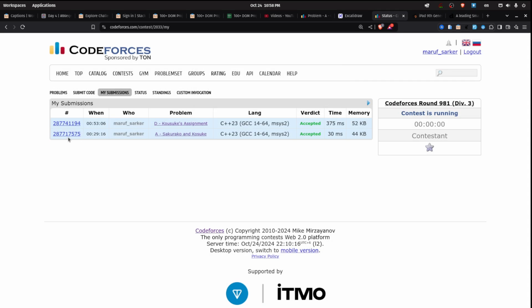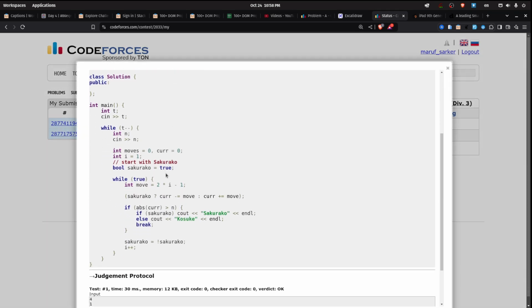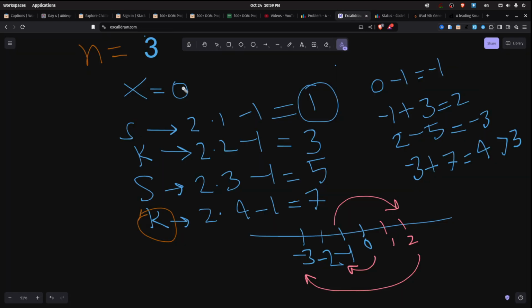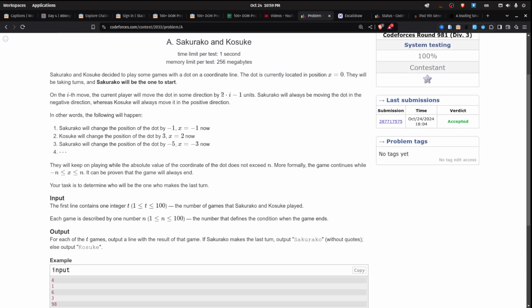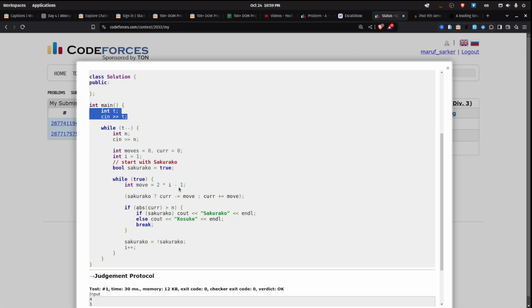Here this is the solution for the first one. Here what I basically did, just initially take the test cases input and run a while loop with t minus minus. After that, take the n value, which is basically this one. After that, I just calculate the moves. Okay, this is the moves. So here I just calculate move as 2 times i minus 1, and the rules are already given here, 2 times i minus 1.